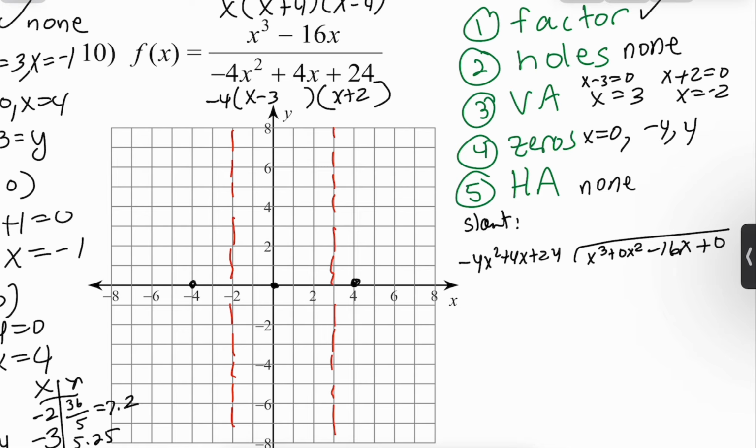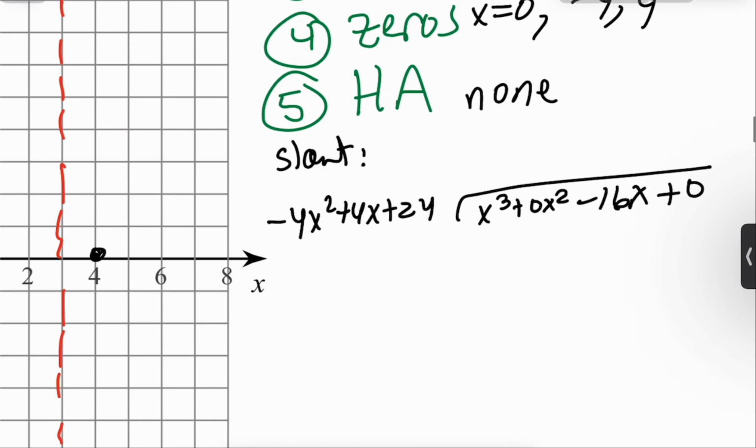Okay, now I had to put some zeros there to make that division work. So what times negative 4x squared would get a positive x cubed? Well, we need an extra x, and we need a negative 1/4. So that would be negative 1/4 x times negative 4x squared is positive x cubed.